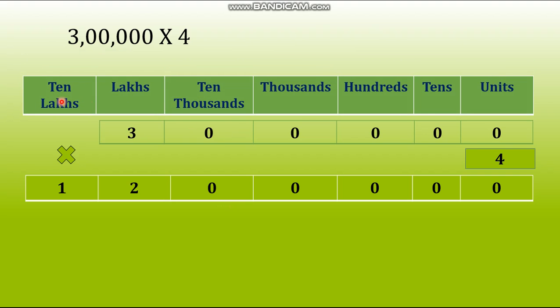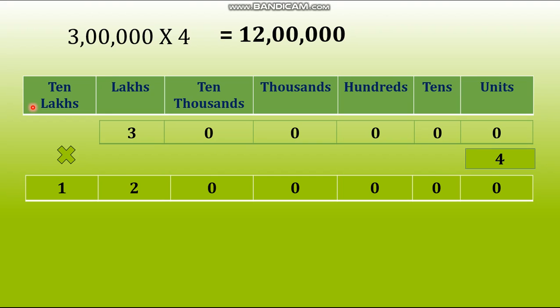So, children, this is nothing but the 10 lakhs place. We have learned till now units place, tens place, 100s place, thousands place, 10,000s place, lakhs, and this is the 7th place, which is 10 lakhs. So what is the answer we have got? That is 12 lakh. This becomes a 7-digit number.